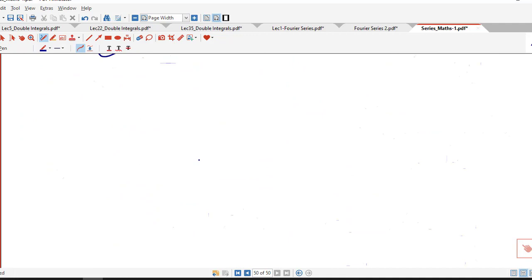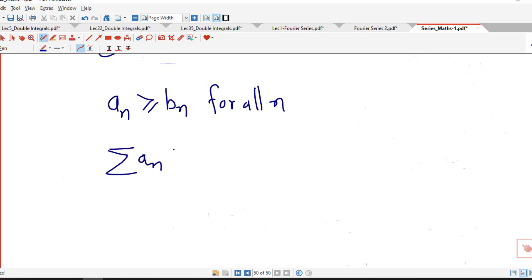Now suppose we obtain the opposite type of inequality. Suppose every term of the given series is greater than or equal to every term of the selected series. Then this summation sigma an is going to be bigger than sigma bn.